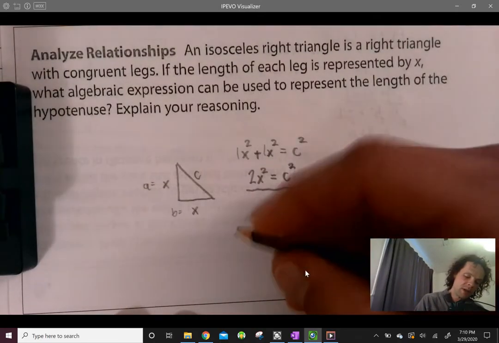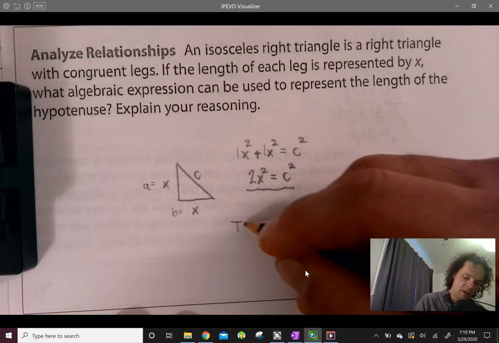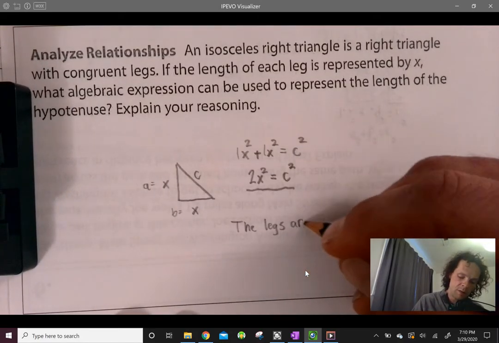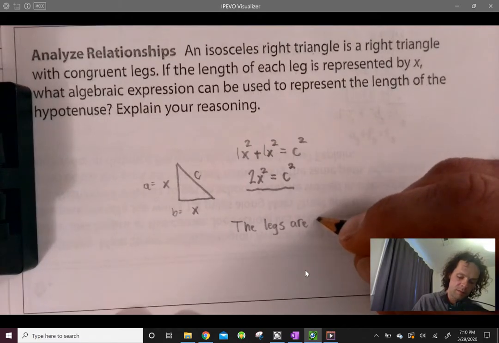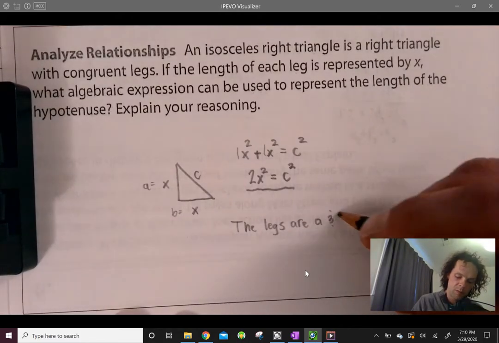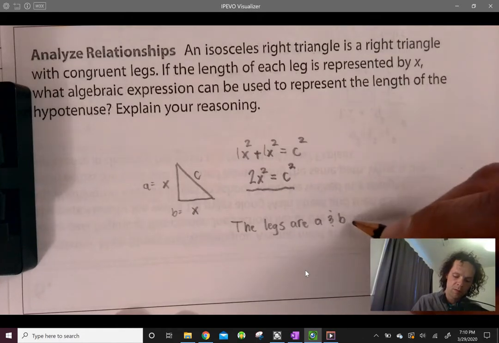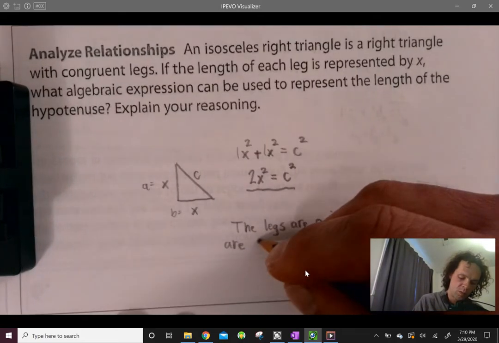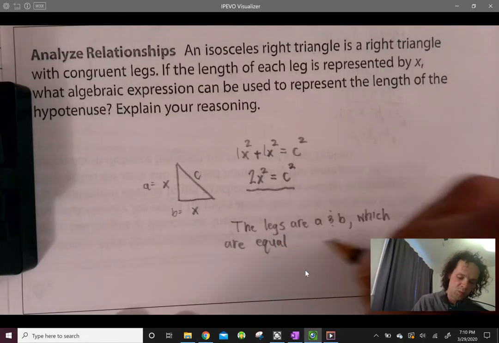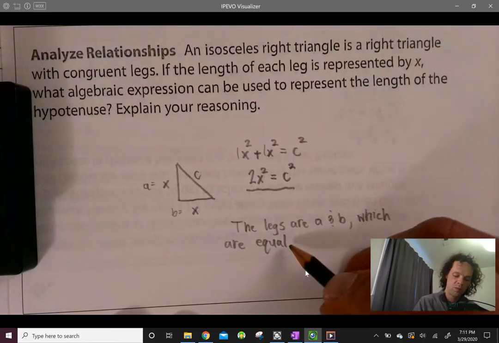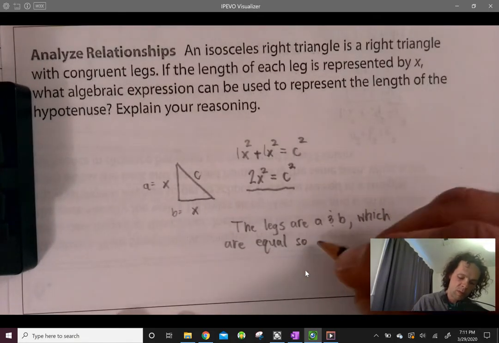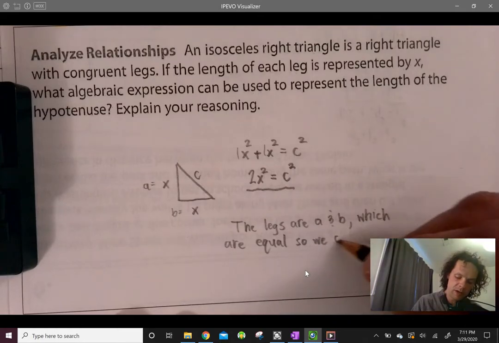And that's because the legs are a and b, which are equal. So we can call them both x.